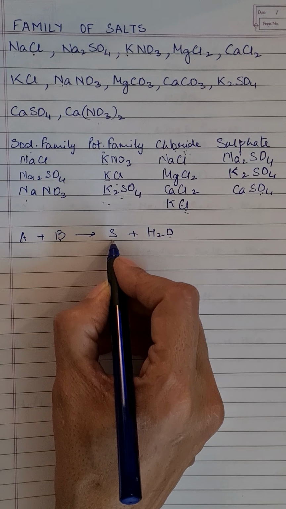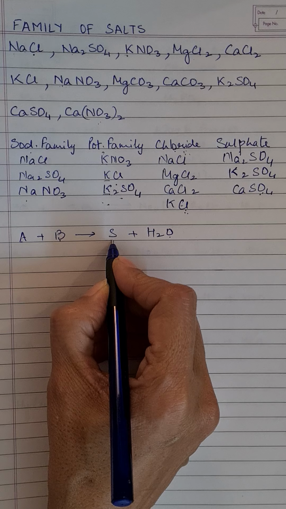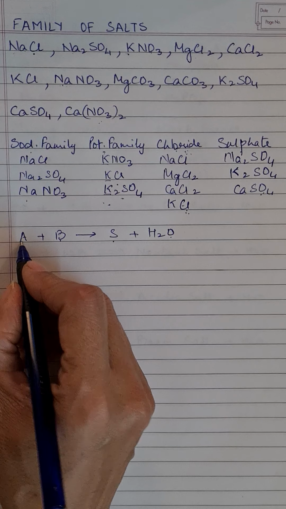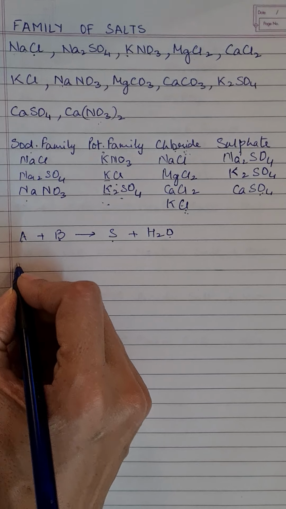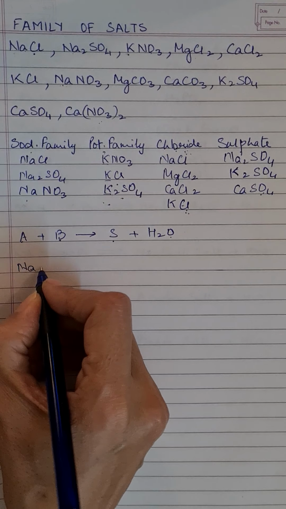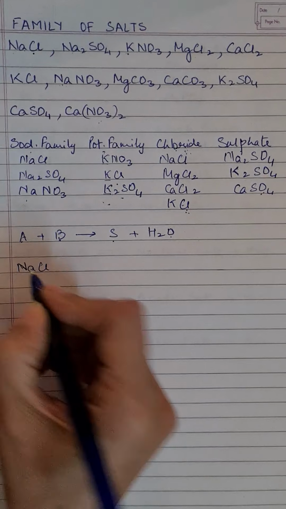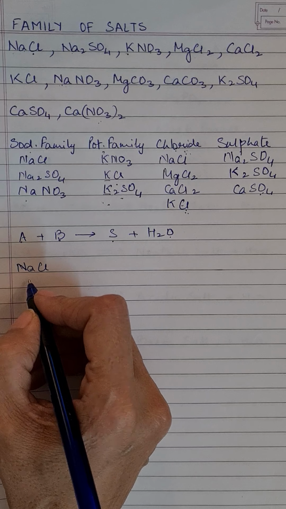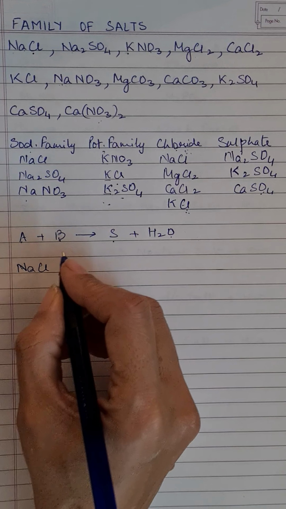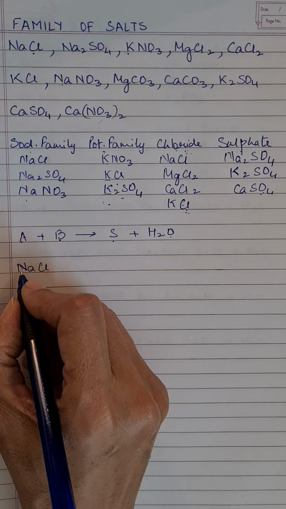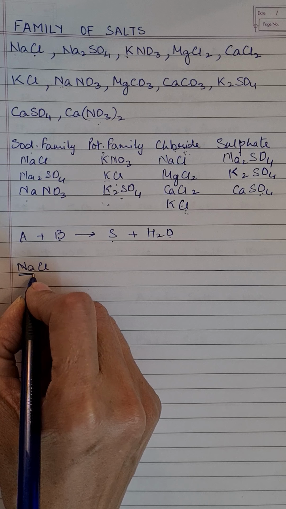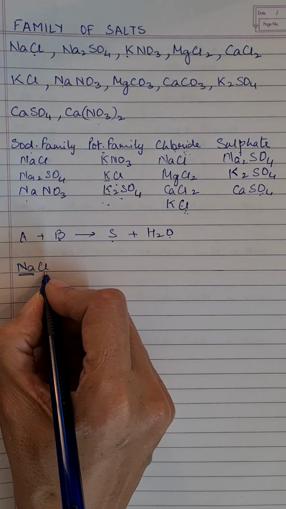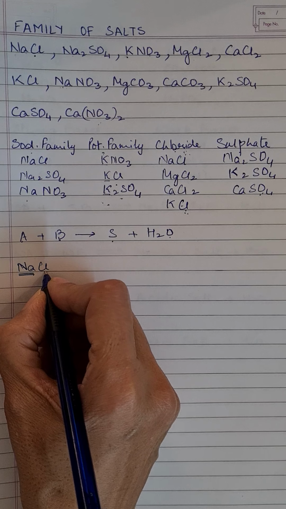So a particular salt is formed during the neutralization reaction between an acid and a base. So let's find out, in sodium chloride, which are the acid and the base involved here. The cation will come from the base and the anion will come from the acid.